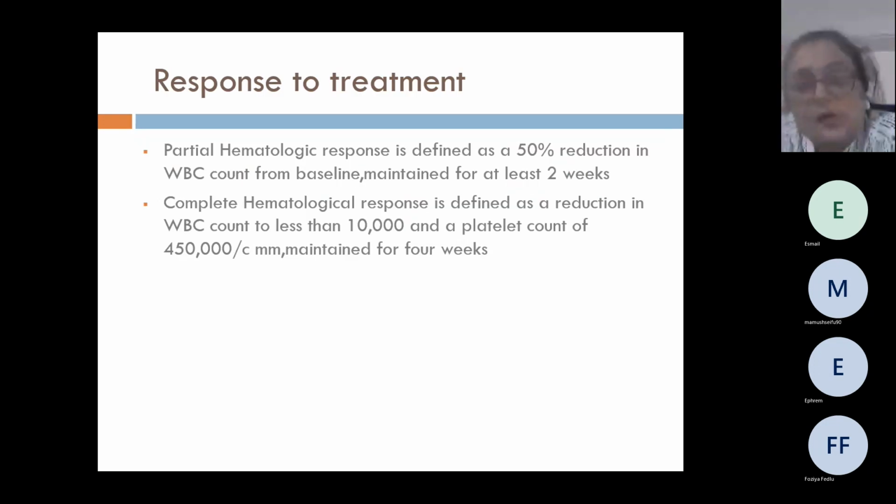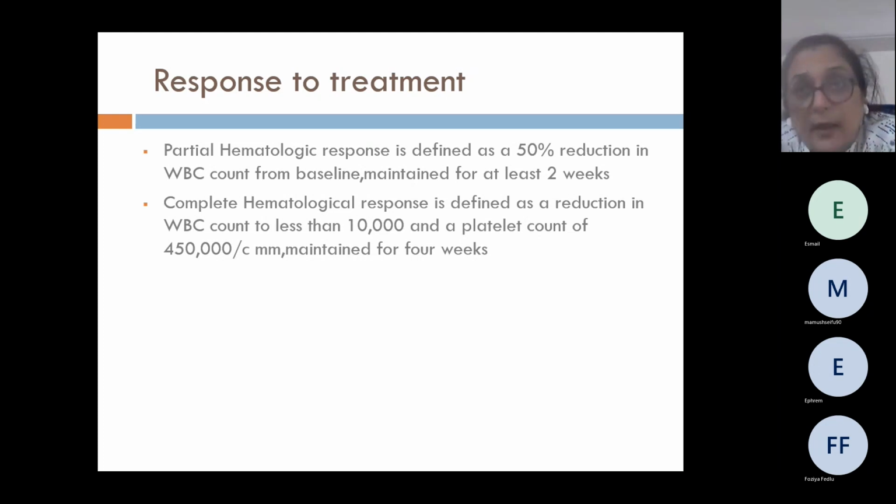Now, in leukemias, and especially CML, we have to understand some terminologies. Yesterday, I explained all the different efficacy parameters like response rate, overall survival, progression-free survival, and disease-free survival, right? But that was with respect to solid tumors.